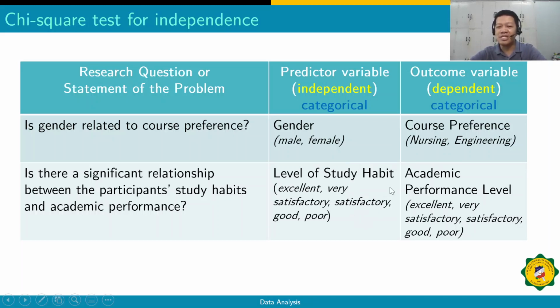Let's say for study habit, you have to classify your respondents according to their study habits as excellent, very satisfactory, satisfactory, and so on. And for academic performance, it's in terms of level, whether they perform excellently, very satisfactory, satisfactory, and so on. So your data here are ordinal. They are not numerical, but ordinal. So that's why you may use chi-square test for independence.